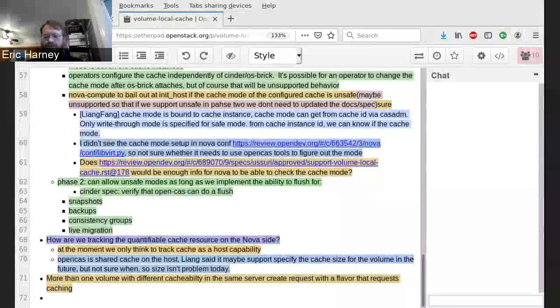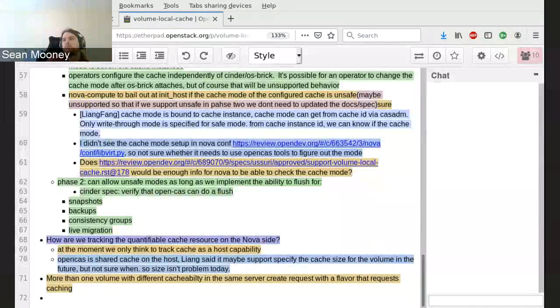If it's DM cache, you manually allocate a specific cache volume for each individual backing device. So it gets a dedicated region and you can change it individually. But for something like bcache and OpenCAS, I think it's set on the cache pool itself rather than per volume that's being cached. So I'm not sure we need to specify that here.